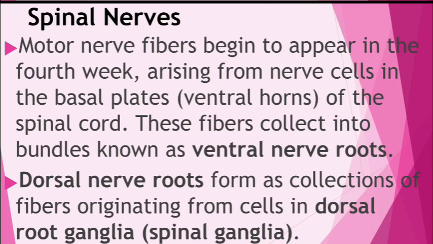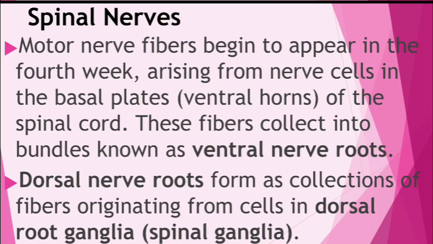Central processes from these ganglia form bundles that grow into the spinal cord opposite the dorsal horns. You also have distal processes which join the ventral nerve roots to form a spinal nerve.